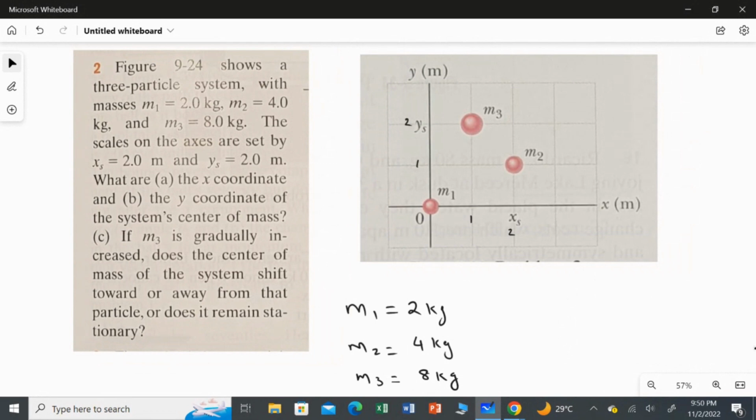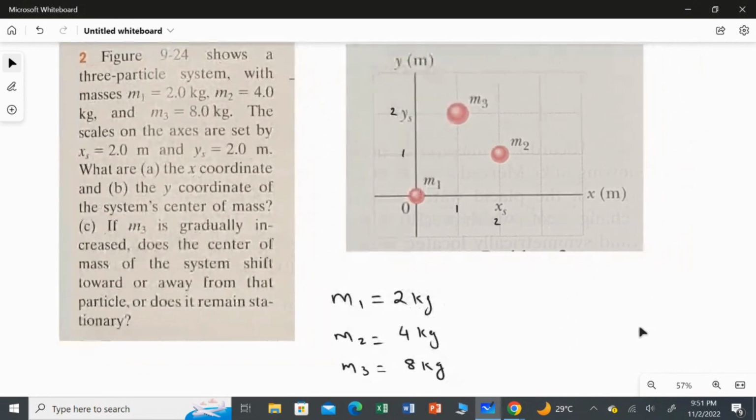Now we have to identify the location of these three masses, using the scale. The first mass is exactly sitting on the origin, so the coordinates of m1 are (0, 0): its x value is 0 and its y value is also 0, taken exactly from the figure.